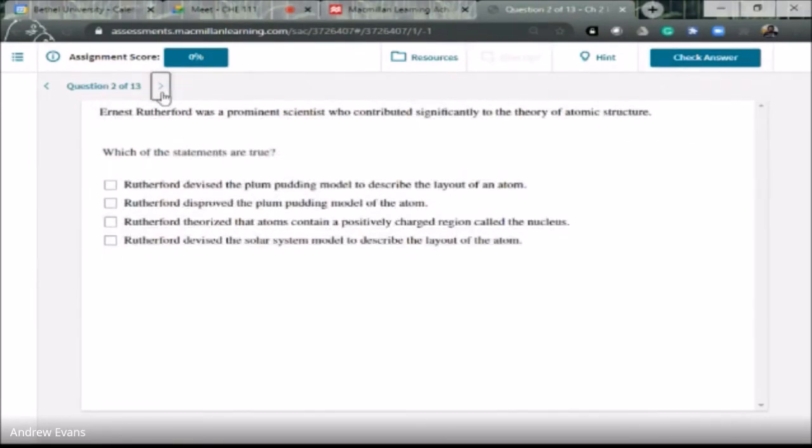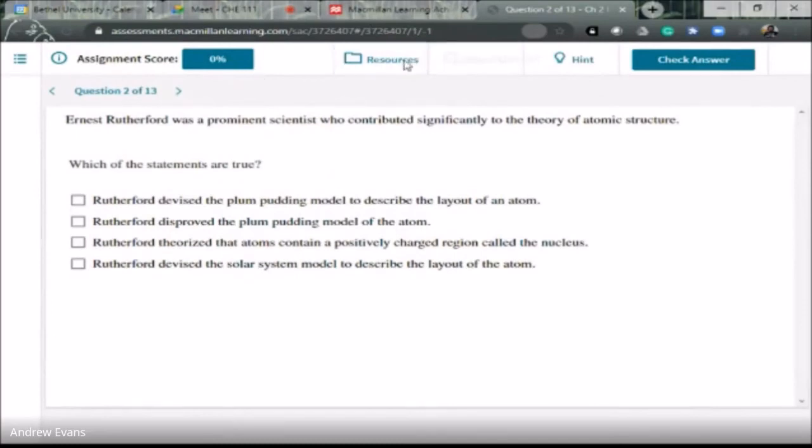Which statement is true about Rutherford continued theory, the plum pudding model? Who actually devised the plum pudding model? Disproved the plum pudding model. Theorized that atoms contain a positively charged region called the nucleus. A solar system model. So you may have to go back to the book. Keep in mind, you will always have the option to get a hint.